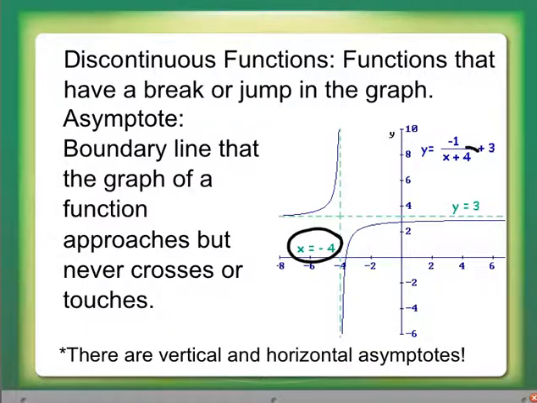If we look at the denominator here, negative 4 is just the excluded value. So our vertical asymptote must be our excluded value for x. Then we look at my horizontal asymptote, y equals 3, and we see, well, that's just my c value.